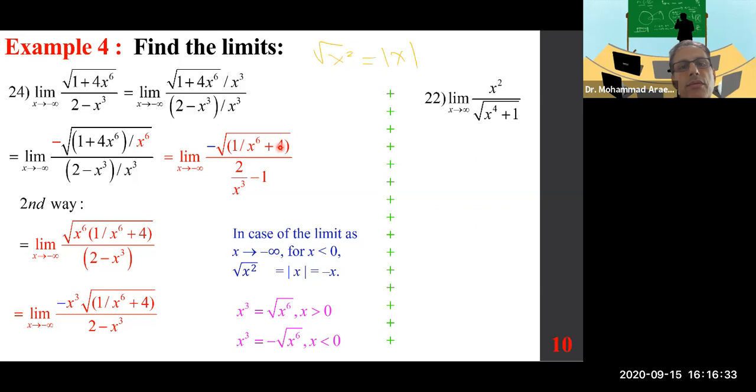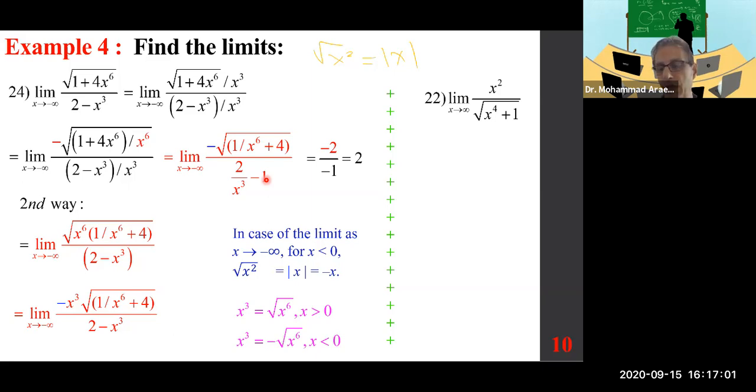You have square root of 4 with a negative in front. This goes to 0, you have negative 1 in front, and you get positive 2. However, I want you to look at number 22 and see the two of them next to each other. I want you to go over this page at least a couple of times to distinguish between 24 and 22.